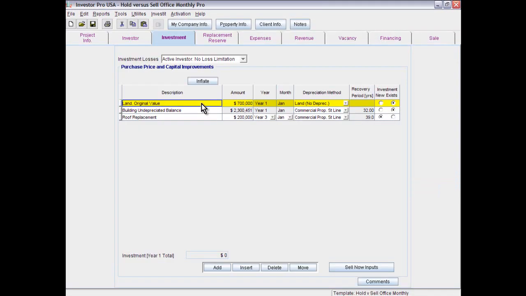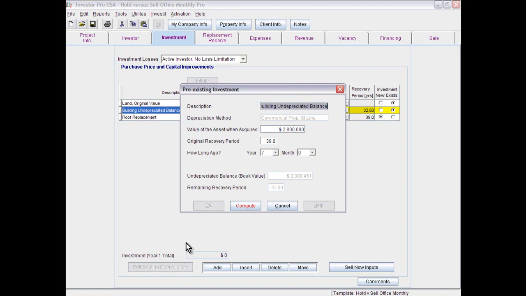In the Investment tab, we enter in the original value of land. In this case, the building was purchased 7 years ago, and the purchase price allocated to the land was $700,000, and this is identified as existing. Then we have to set up the undepreciated balance of the improvements that were purchased 7 years ago, and this is done through setting up the existing depreciation.